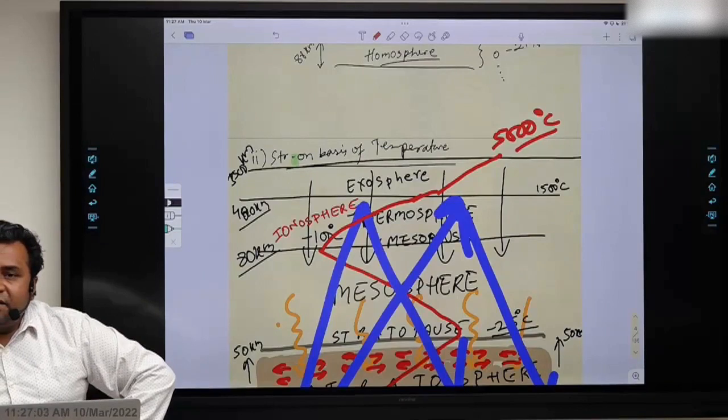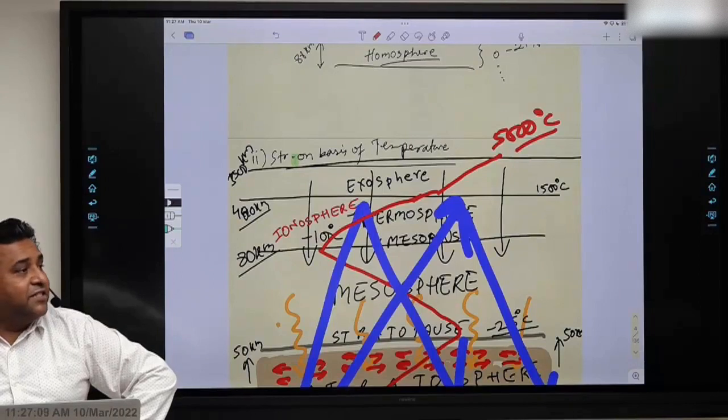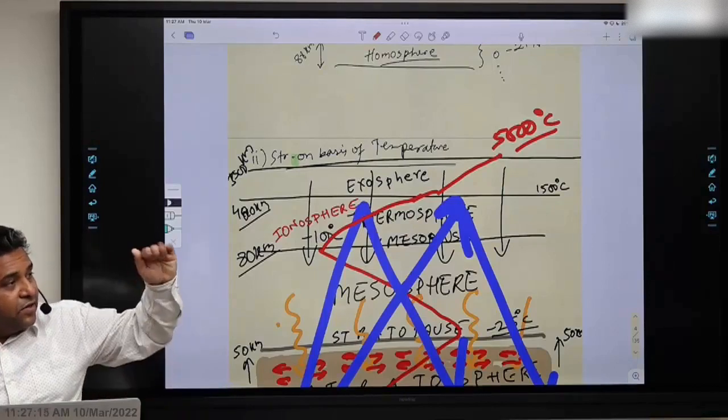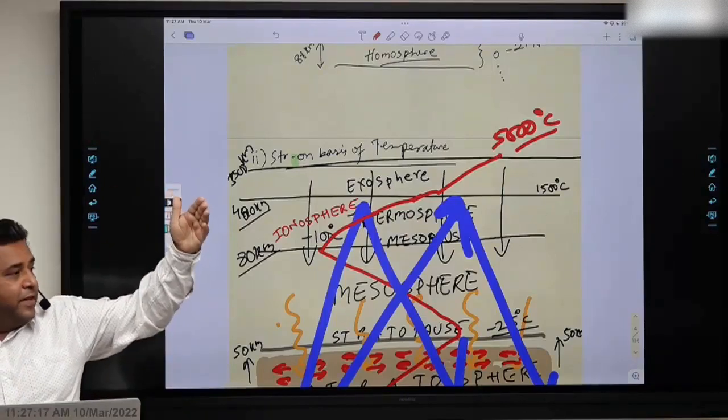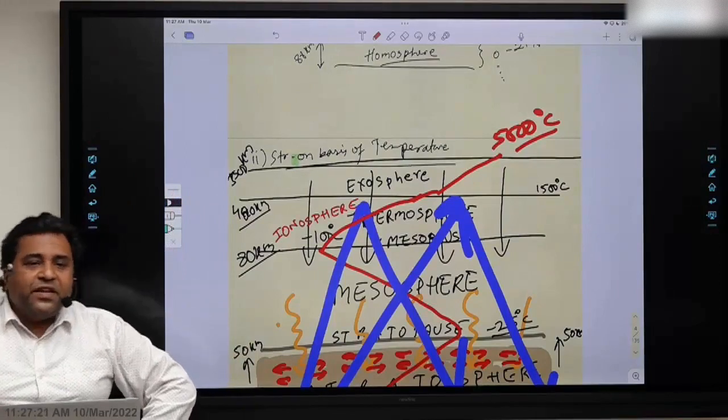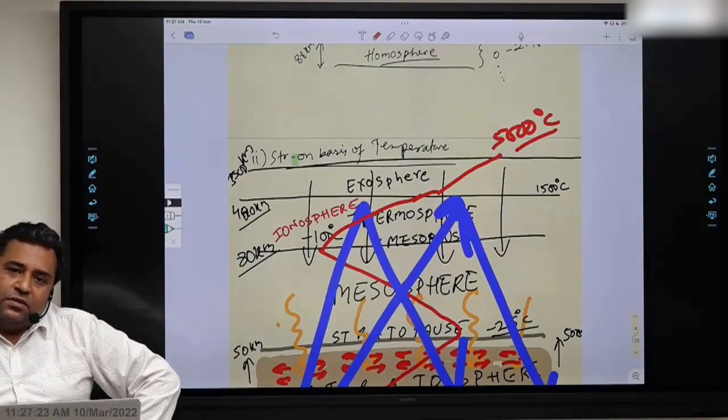Here the particles get so heated that they might be as high as 5000 degrees Celsius. That's the reason why we find a layer of the ionosphere even in the exosphere. What you were asking, about its layers, some of its layers are found in the exosphere too. Okay? Alright? Is this clear? So that's it. That's all.